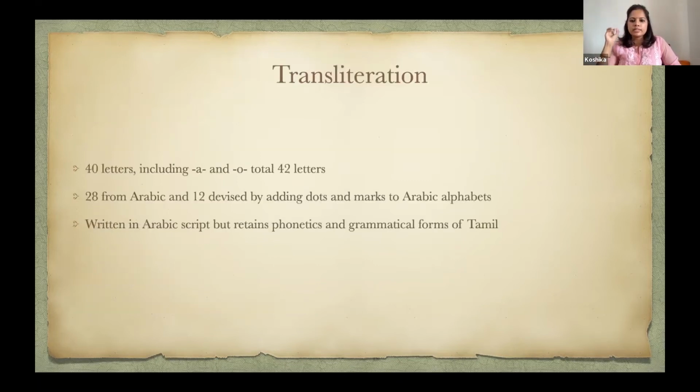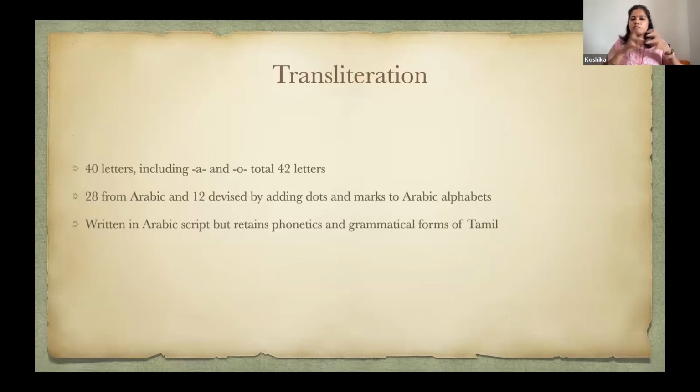Okay, now the transliteration. Arabic Tamil has 42 letters in total. The script was developed with 28 letters from Arabic, and 12 letters were added by putting dots and marks above or below the Arabic alphabets. Why were these 12 additional letters added?